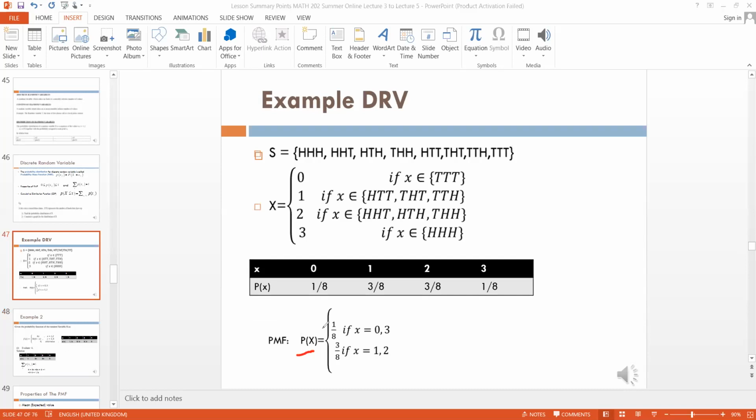Because it's now in function form, we can equally write it as F of x is equal to this, meaning it's a function of x. But don't forget, even though it's a function, we are talking about a probability function. This is not a deterministic function, but a probability function.